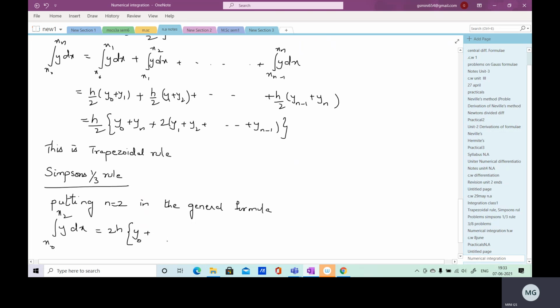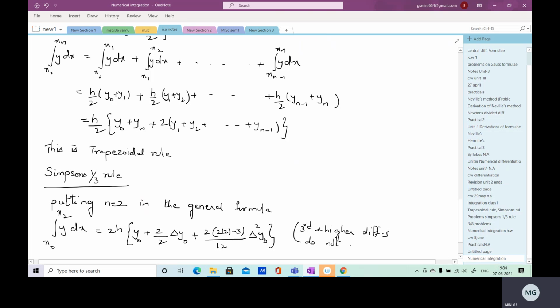Plus n by 2, I will write it as 2 by 2 del y0, plus the next term, 2 into (2 minus 3) divided by 12 times del square y0. Here I will say third and higher differences do not exist.